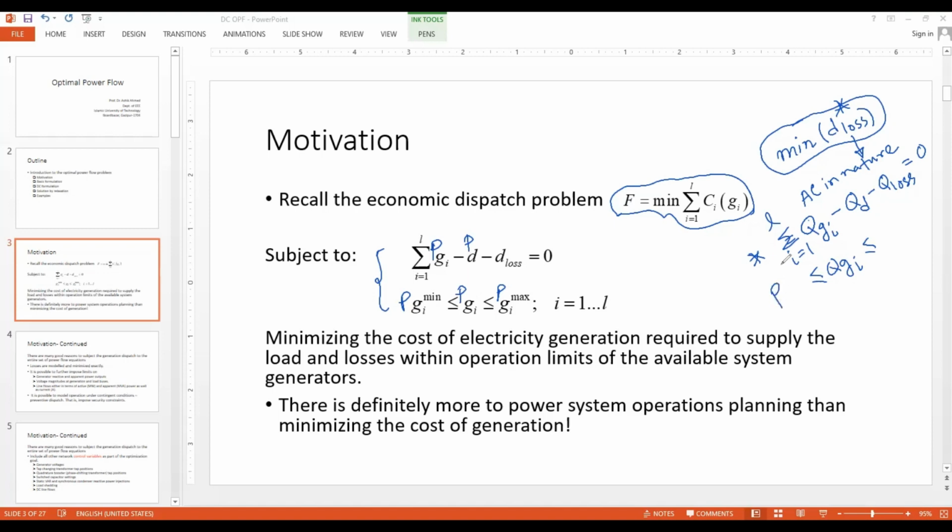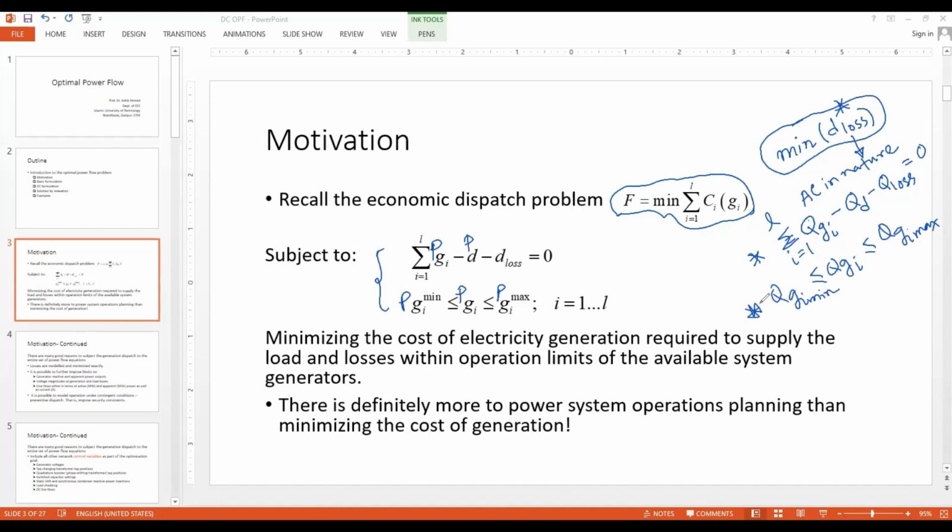So if we think well, so this is QGI min, this is QGI max. So we also don't bother about this. So there are different issues that may come into picture as a power system operator or a power system planner.